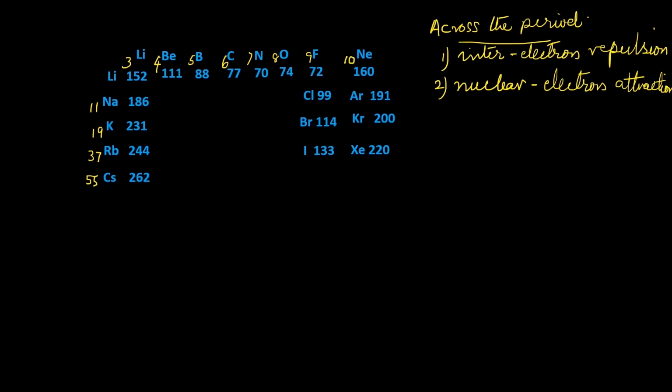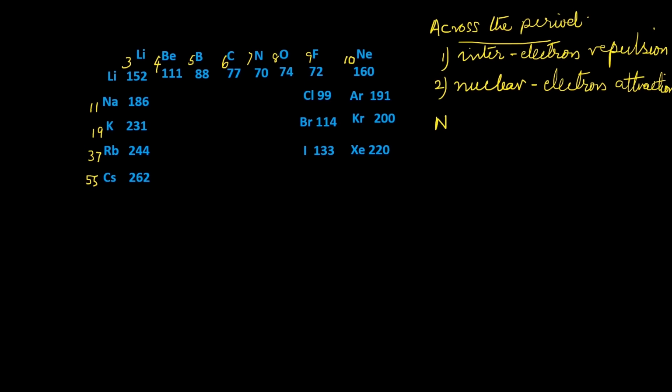Moreover, in the case of nitrogen, the p orbital has a capacity to hold 6 electrons, but in the case of nitrogen, there are only 3 electrons in the 2p orbital. Therefore, repulsion is much less. So, from lithium to nitrogen, the nuclear electron attraction overweighs the inter-electron repulsion, causing a progressive reduction in the size of the atomic radius up to nitrogen.